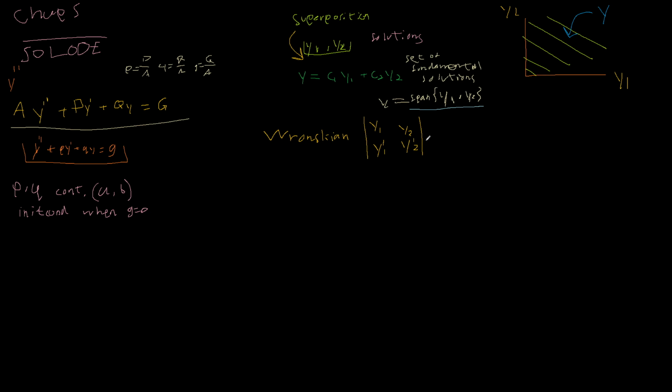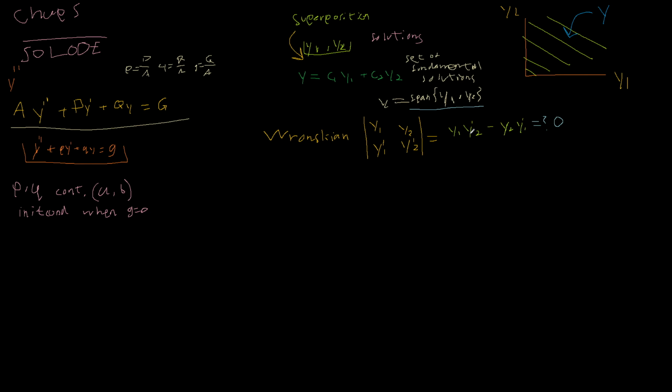So it's going to be y1 times y prime of 2 minus y2 times y prime of 1, and then we want to check whether this is equal to 0. If it's non-zero, then we have a linearly independent set of solutions.